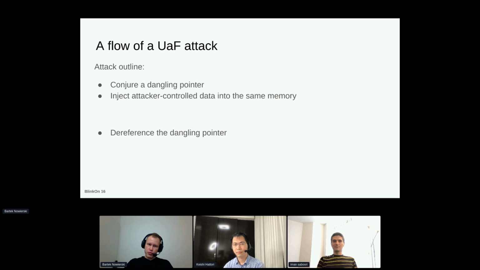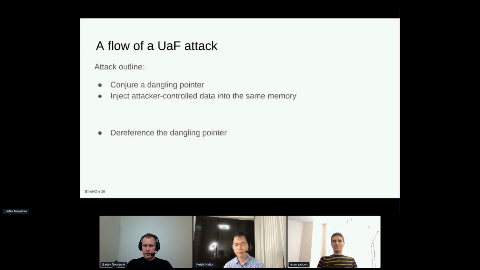Before I get into what MiraclePtr is or isn't, let's quickly go over the flow of a UAF attack. An attacker conjures a dangling pointer, meaning that through their actions they cause Chrome to free memory while there are still pointers pointing to it, thinking that the memory hasn't been freed yet.